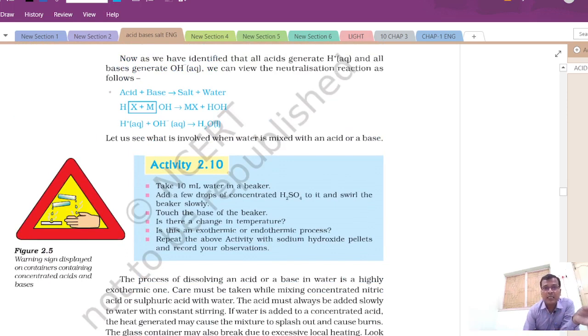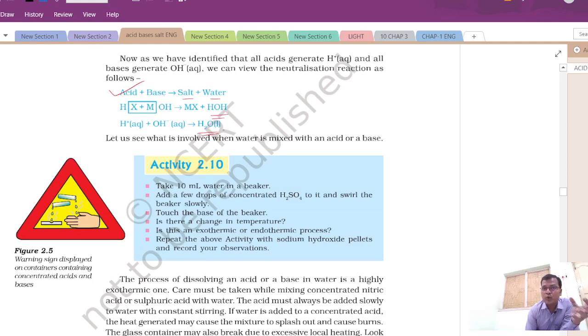Acids and bases react, forming salt and water. We have learnt in an earlier video that whenever an acid reacts with a base, it forms salt and water. In the reaction, this may be any acid, the hydrogen of the acid and OH of the base form water.